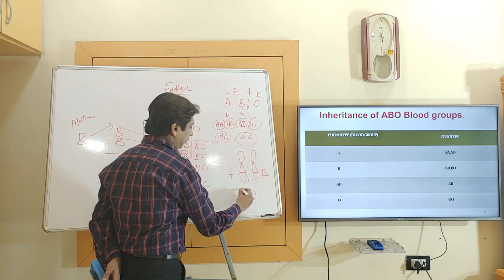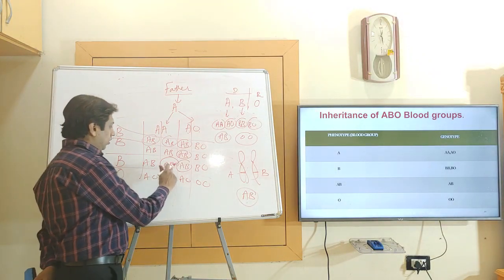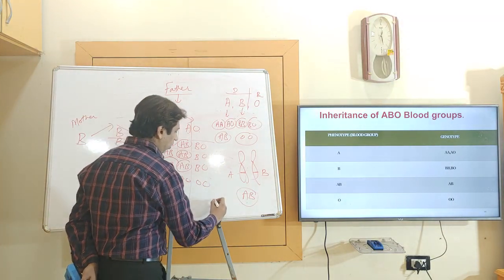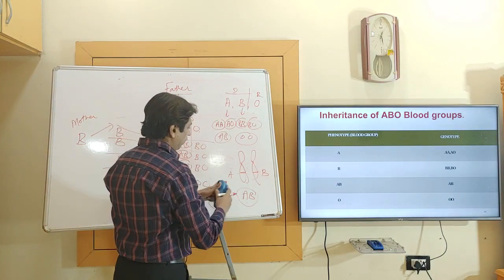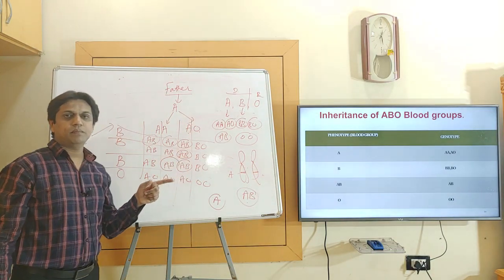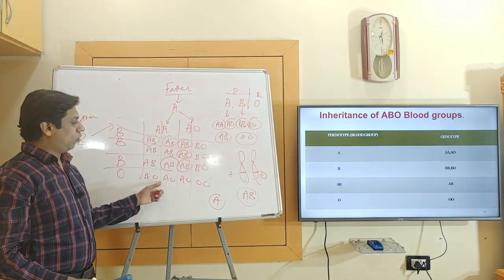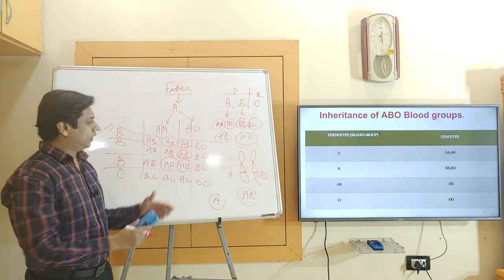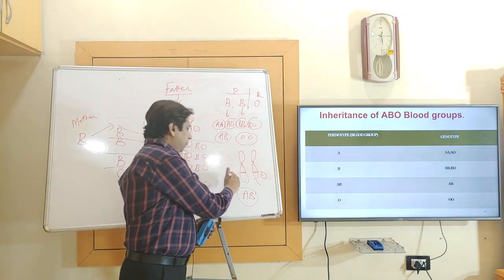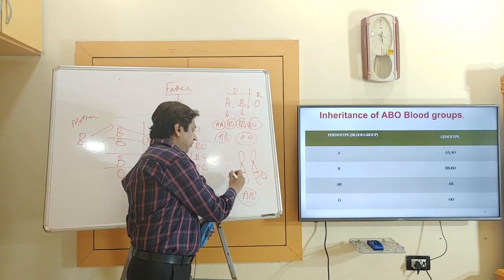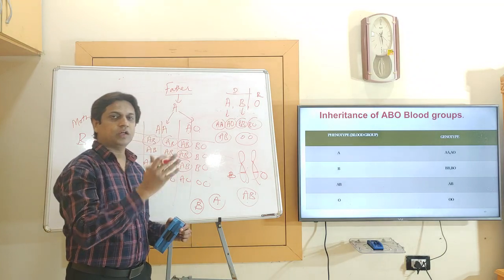The children can also be blood group A, if from the father or mother they received an A gene and a recessive O gene, AO genotype. Or there could be blood group B, where from one parent they receive the B gene and the O gene from the other parent.